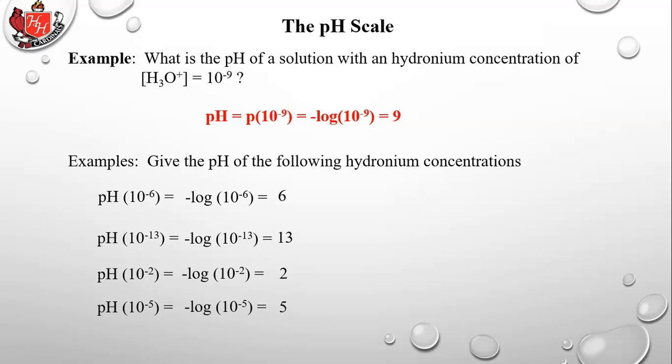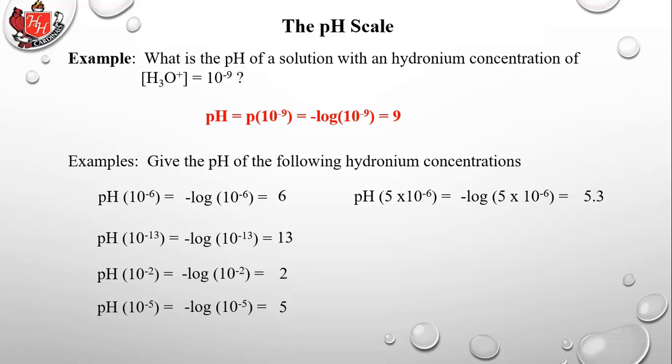Okay, let's do some with coefficients in front of them, because usually they do have coefficients. So what about the pH of 5 times 10 to the negative 6? So over on the left you have 1 times 10 to the negative 6, and that equals 6. What is 5 times 10 to the negative 6? It's going to be 5 times the concentration. So its negative log is 5.3. So notice what happened.